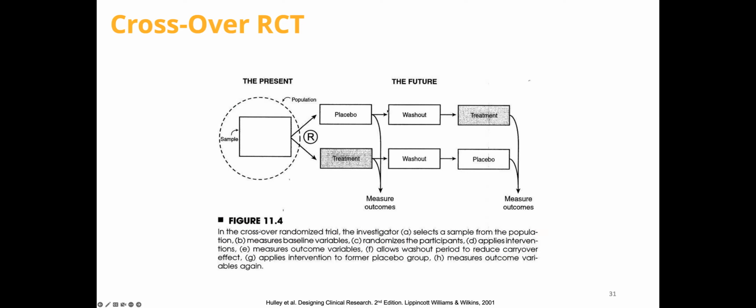Then we remove the treatment for both groups, and we allow for a washout period, which is meant to remove any of the effects of the medication for a certain period of time. And then we give the patient the treatment if they were in the placebo group initially, or we give the other individual the placebo if they were in the treatment group, and then we measure outcomes after that.